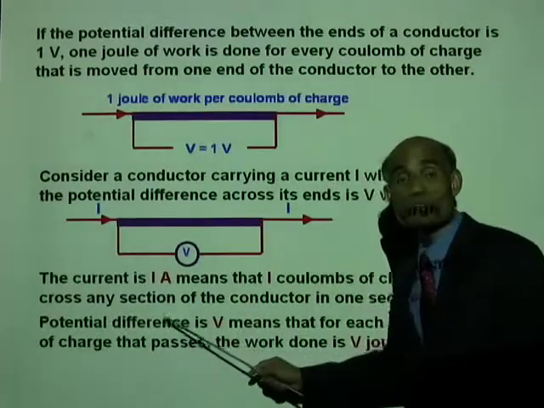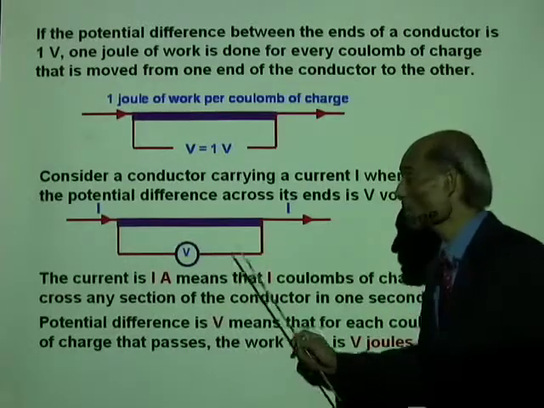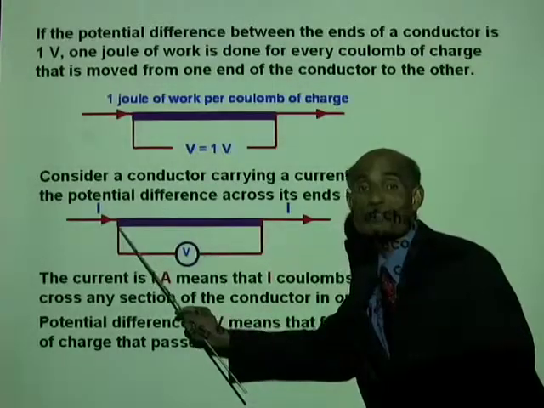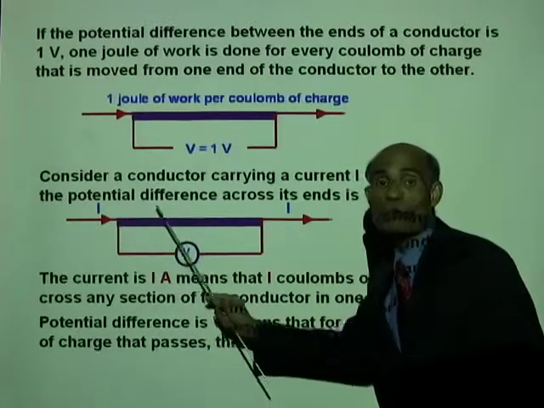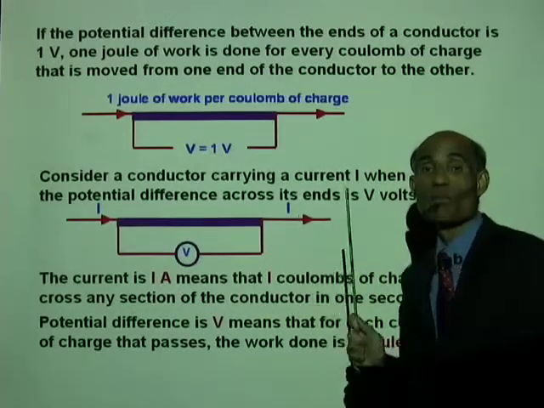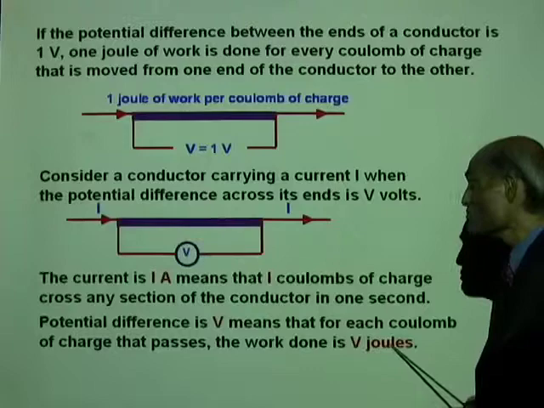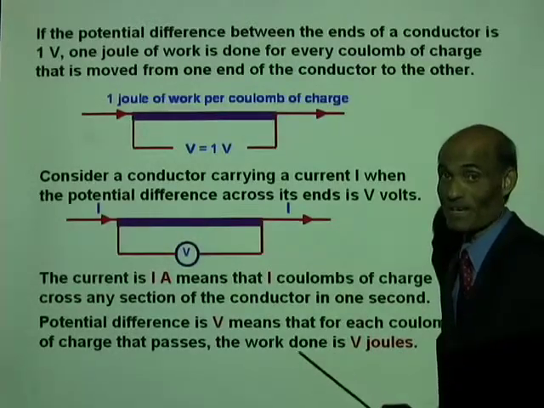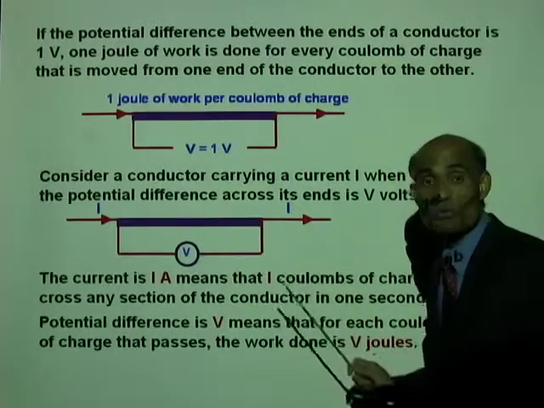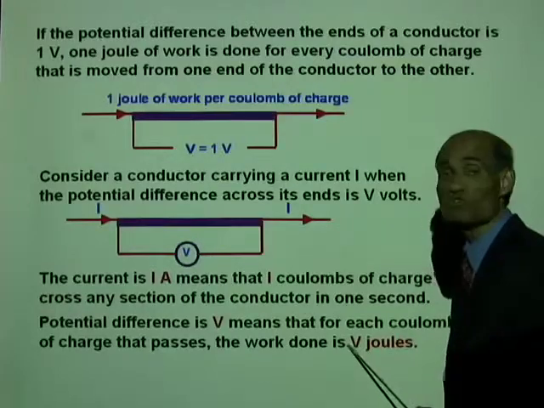And potential difference is V means that for each coulomb of charge that moves from one end to the other, the work done is V joules. Alright? For each coulomb, the work done is V joules.